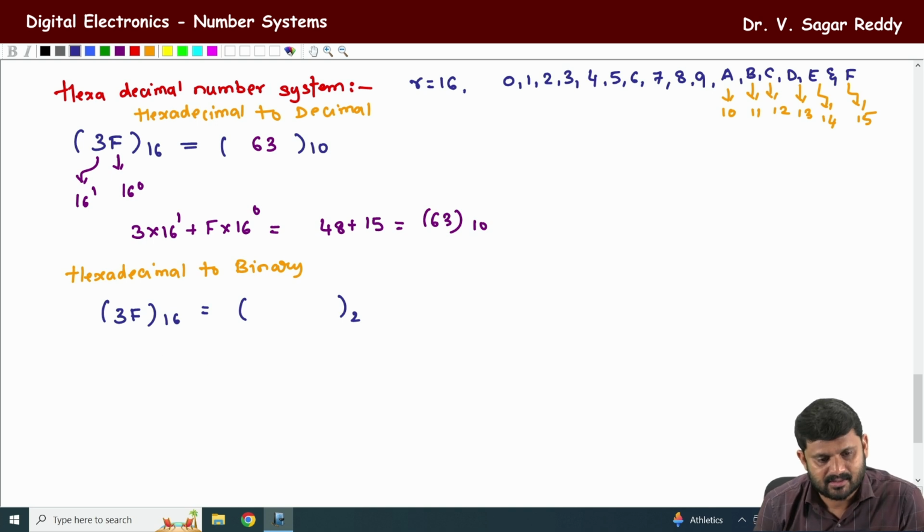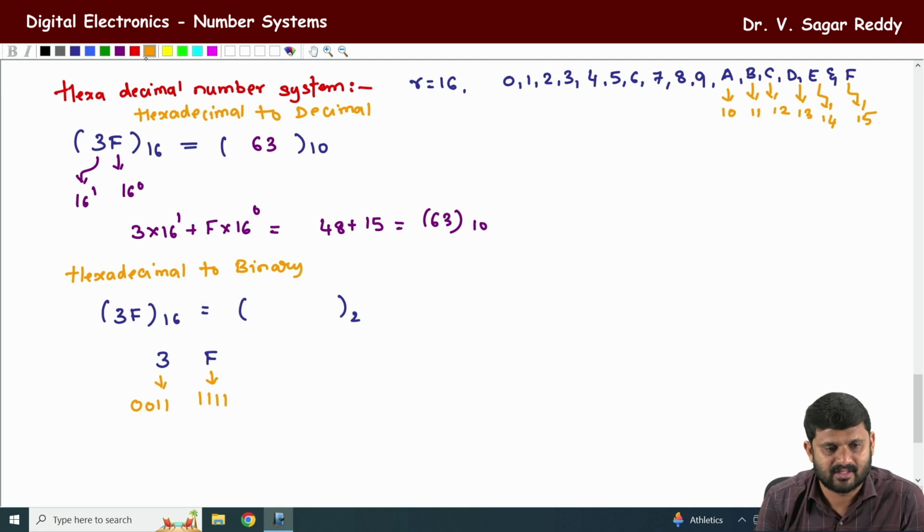So F in binary is all ones, 4 bits. And 3 is 0, 0, 1, 1, that is 2 plus 1, 3. These are like 8 plus 4 plus 2 plus 1, which is 15. So the corresponding number is 0, 0, 1, 1, 1, 1, 1, 1. This is the binary equivalent for this hexadecimal.